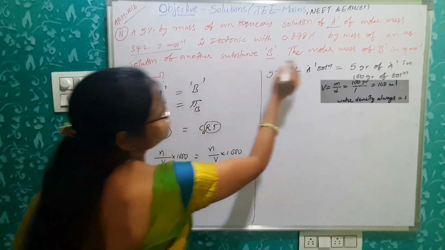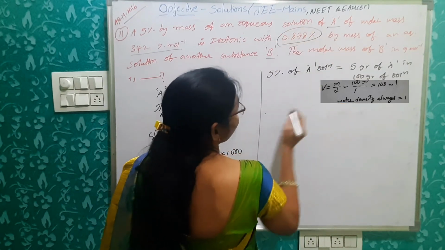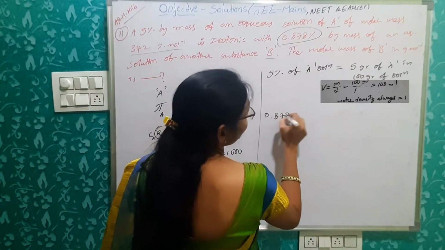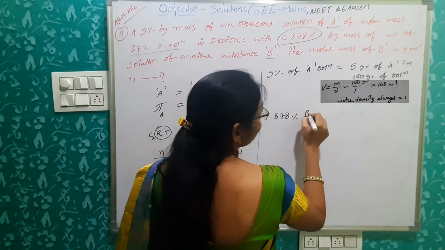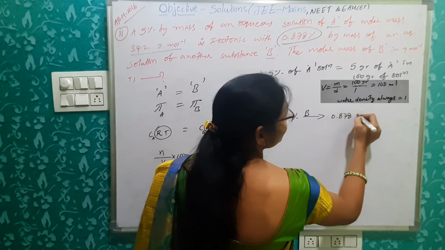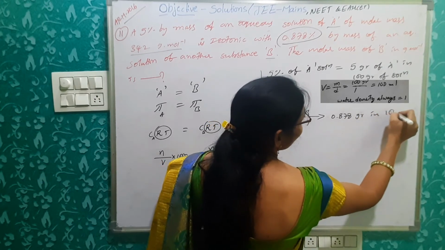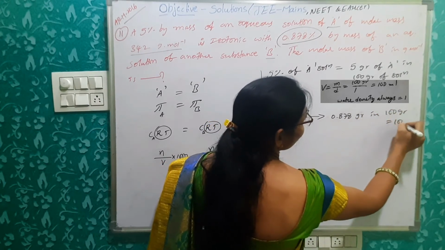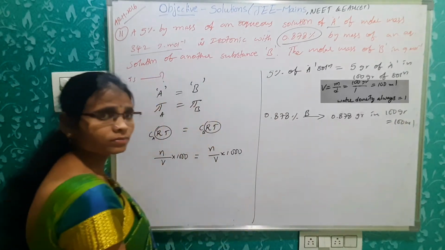This is the same for B: 0.878% means 0.878 grams in 100 grams, that is 100 ml of solution.